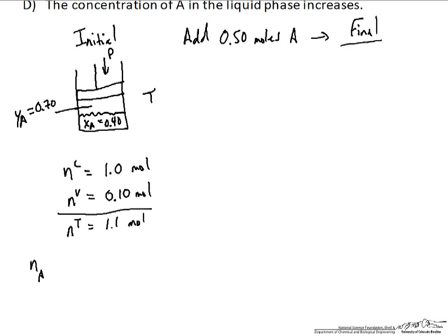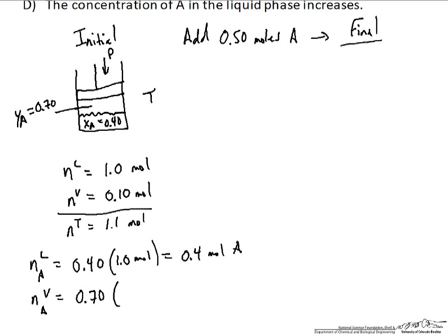The number of moles of component A in the liquid is equal to 0.40 times 1.0 moles in the liquid. So we have 0.4 moles of A in the liquid phase. And then in the vapor phase, we have 0.70 times the total number of moles, which is 0.1. And so we have 0.07 moles of A in the vapor.